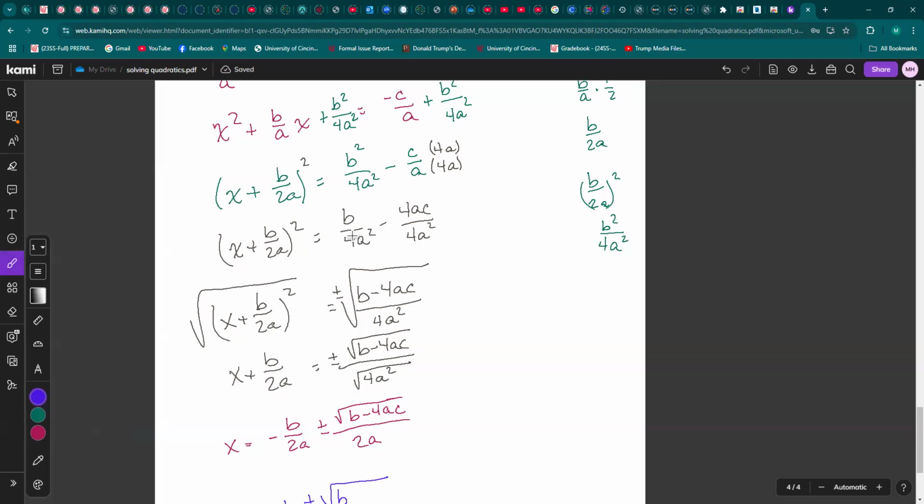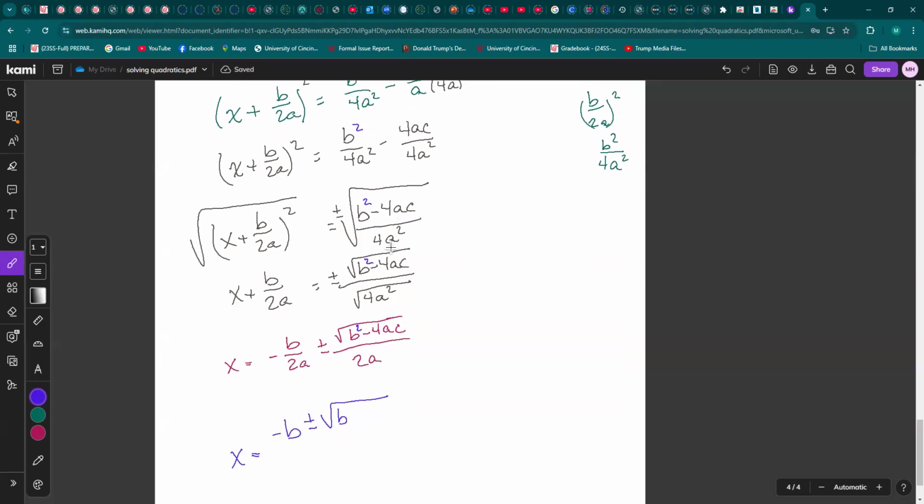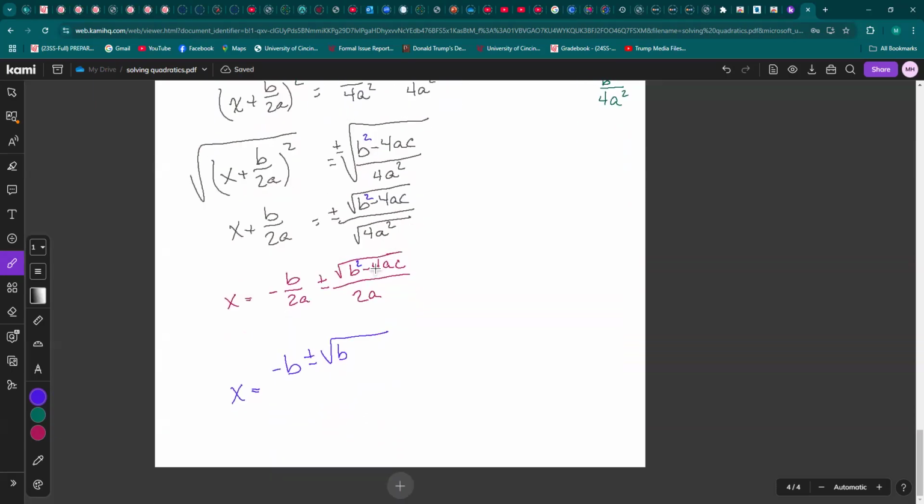Awesome. Don't let me do that. There's a squared. Typo. This is why it's complex. B squared minus 4ac all over the 2a is the denominator. So this is the quadratic formula.